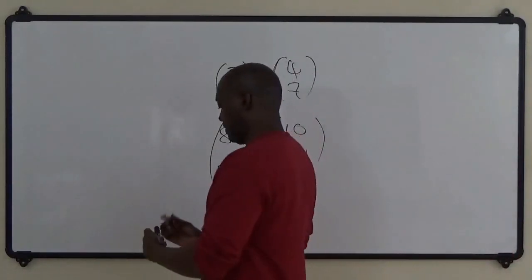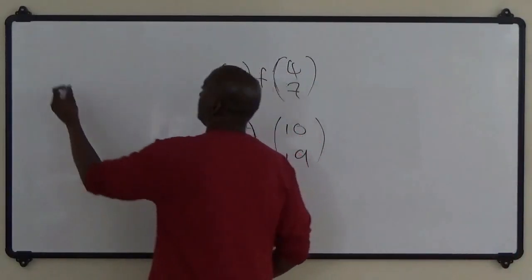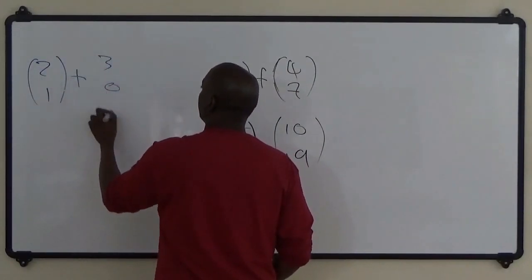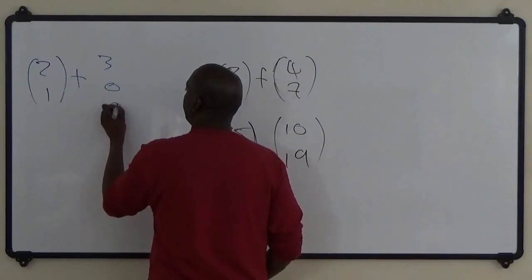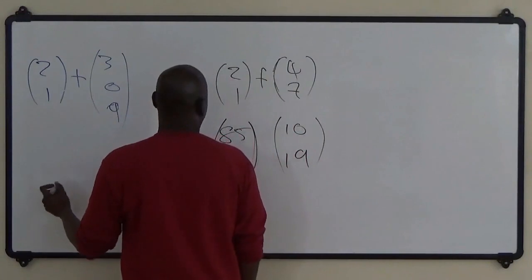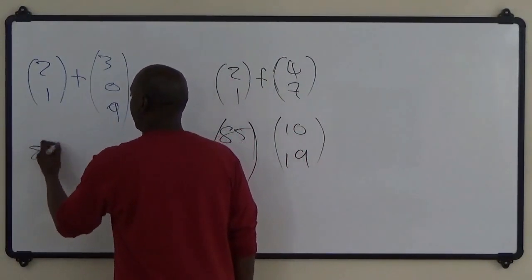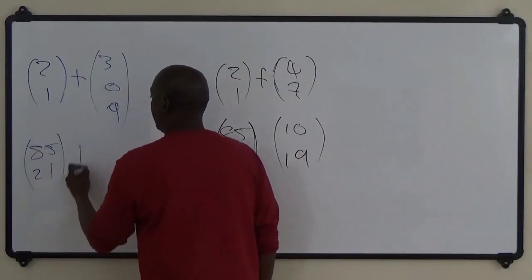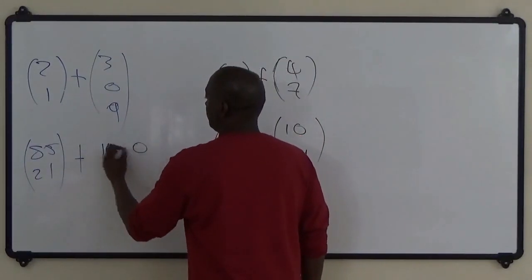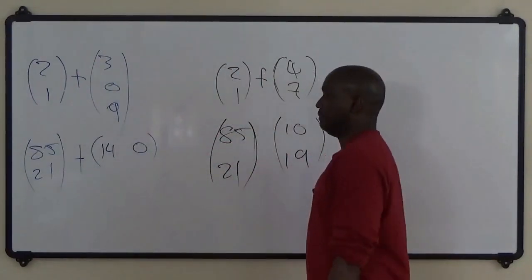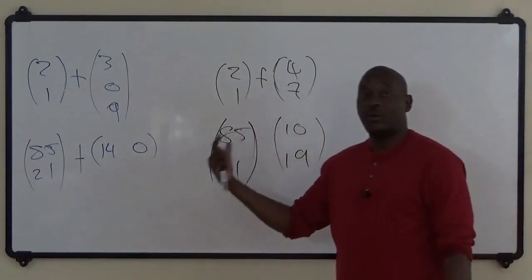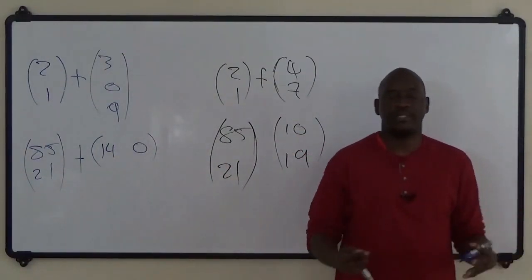What you cannot do is this. You cannot say 2, 1 plus 3, 0, 9. You can't do that. You cannot say 85, 21 plus 14, 0. You can't do that either. So for addition purposes, the rank, the order, the dimension of the two matrices must be the same.